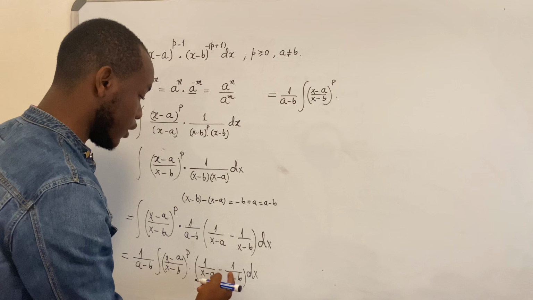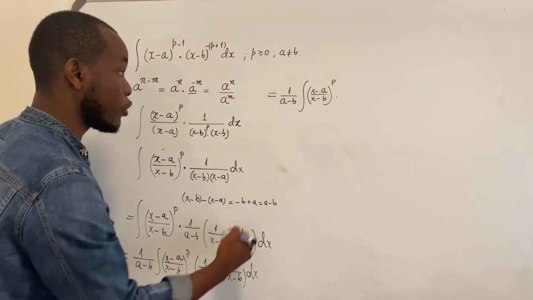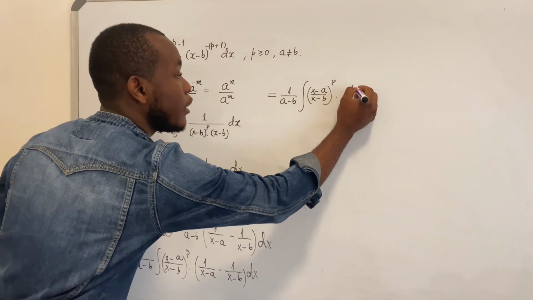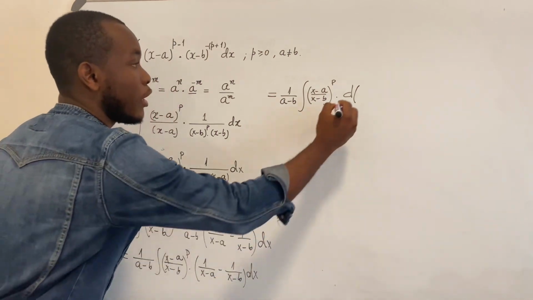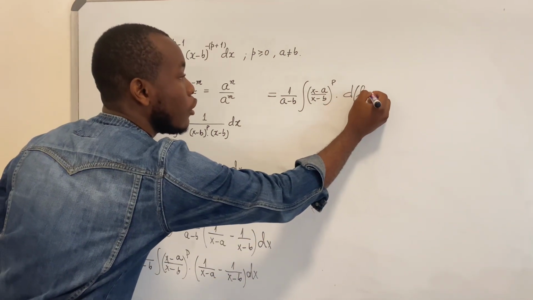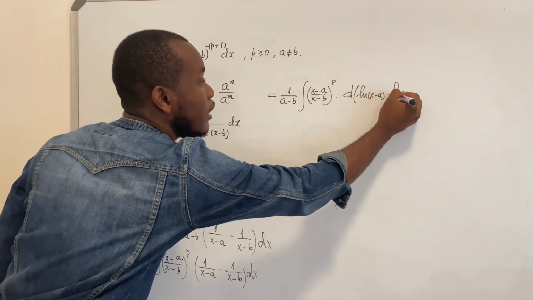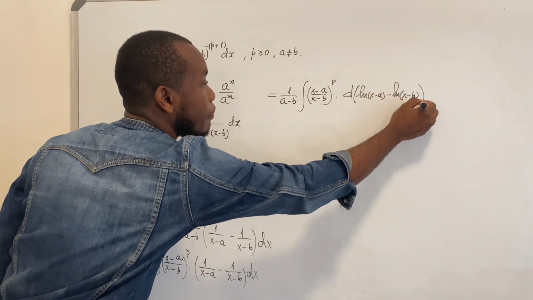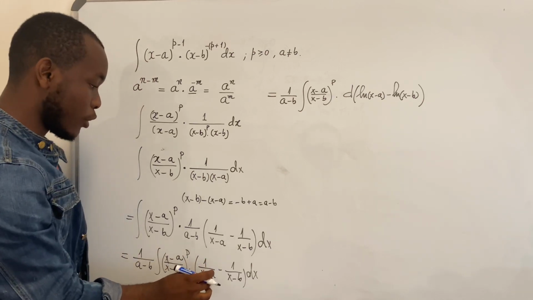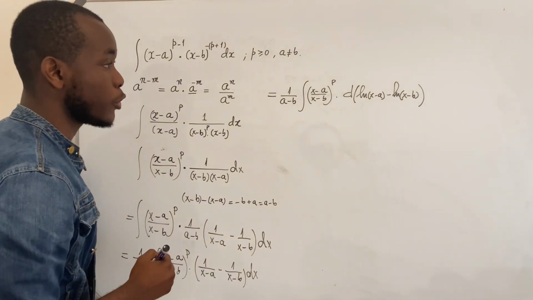So in other words, the first one comes from derivating ln of x minus a. The second one comes from derivating ln of x minus b. Okay, we're gonna have this expression and we're gonna have this expression.